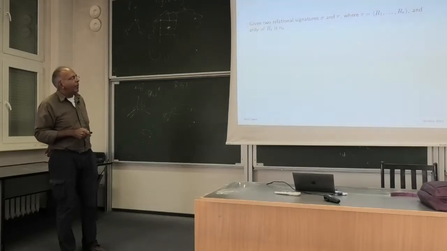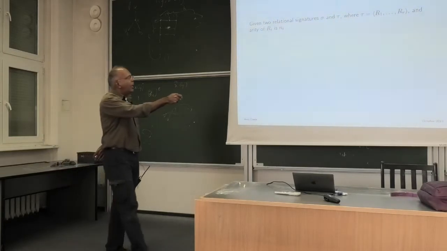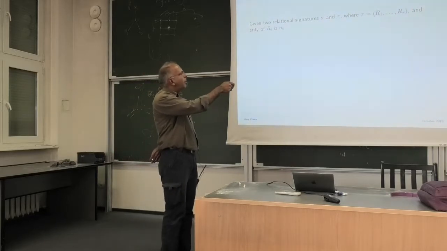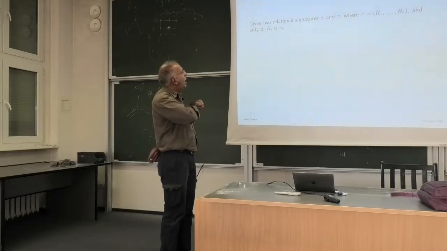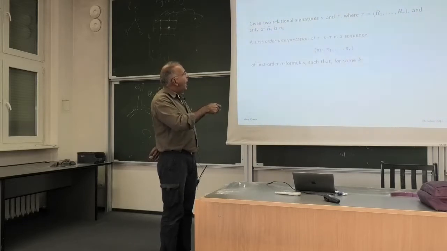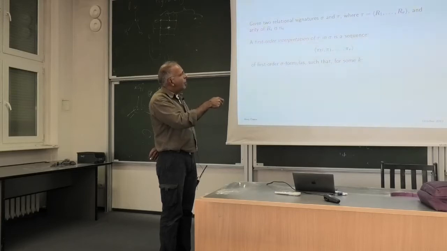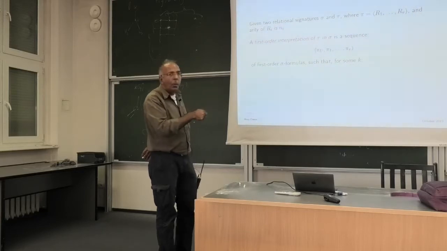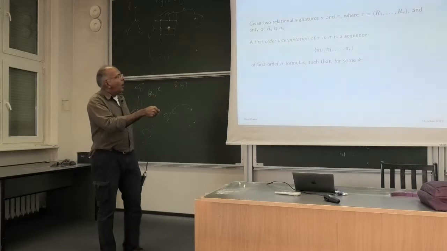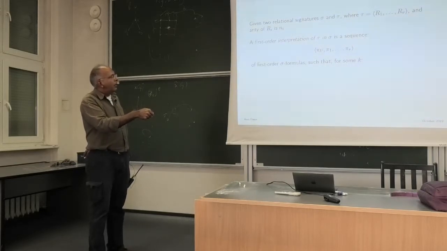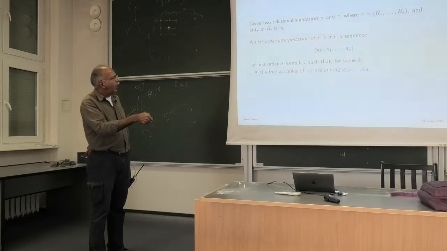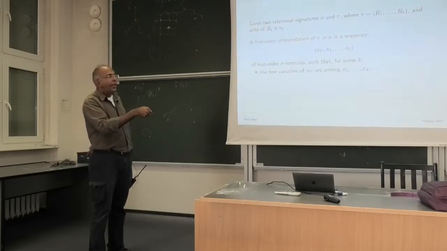There's a standard notion of interpretation. More precisely, we have two relational signatures, sigma and tau. A first-order interpretation of tau in sigma is a tuple of formulas. I changed the k to d over here, but pretend that k says d.